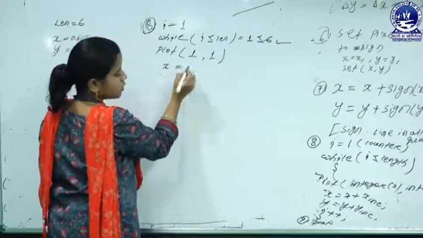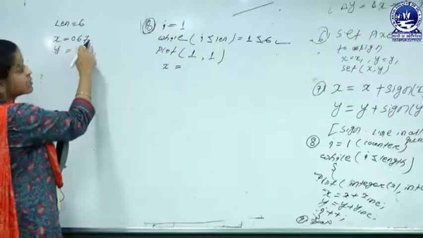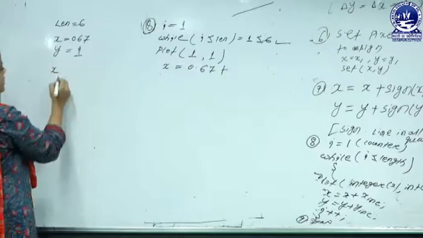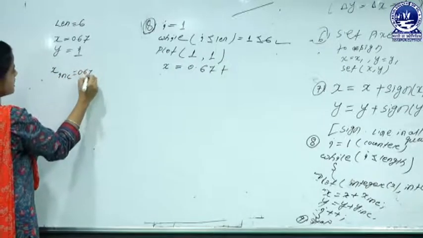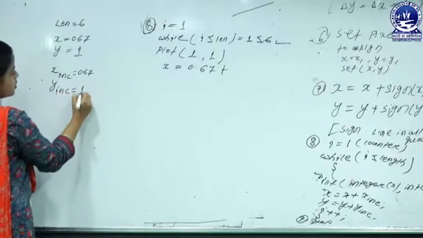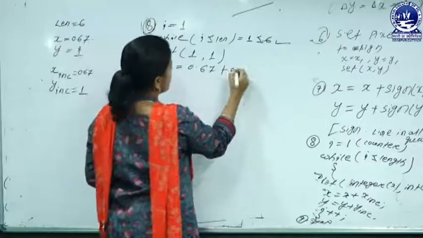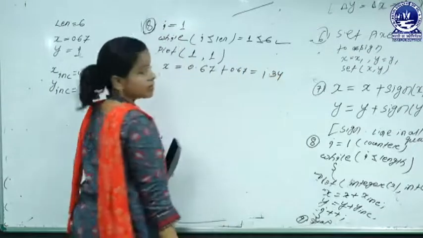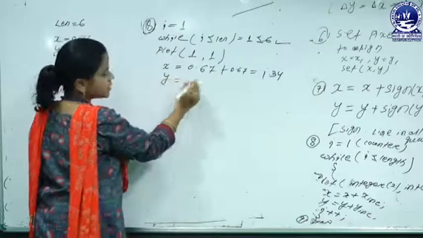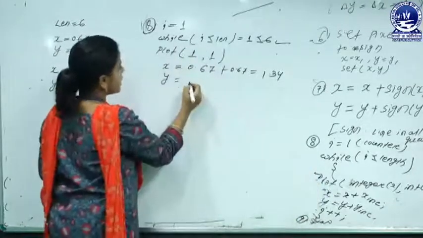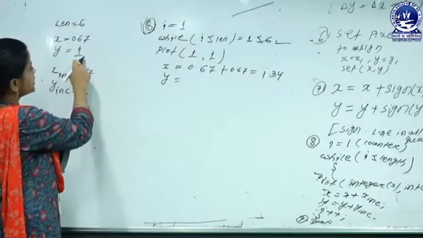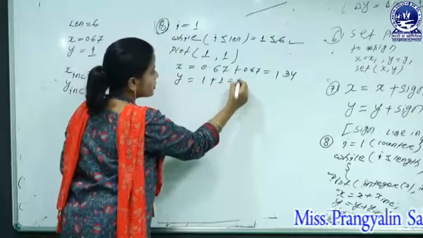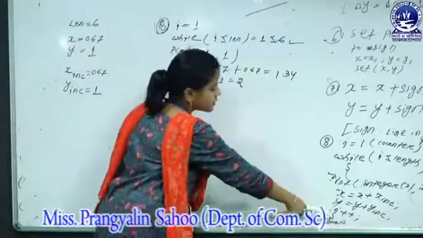The formula is x equals x plus x incremental: the previous x is 0.67 plus the x incremental value 0.67, which gives 1.34. Similarly, the y coordinate is y plus y incremental: the previous y is 1 plus the y incremental value 1, so the value is 2. Now go to the next step, I plus plus.